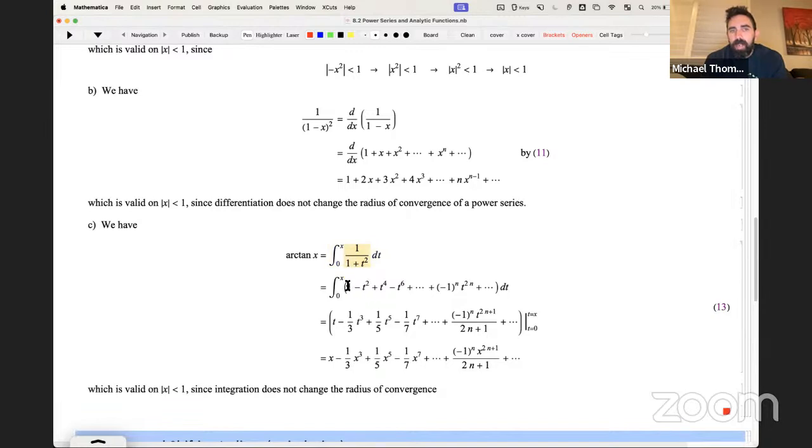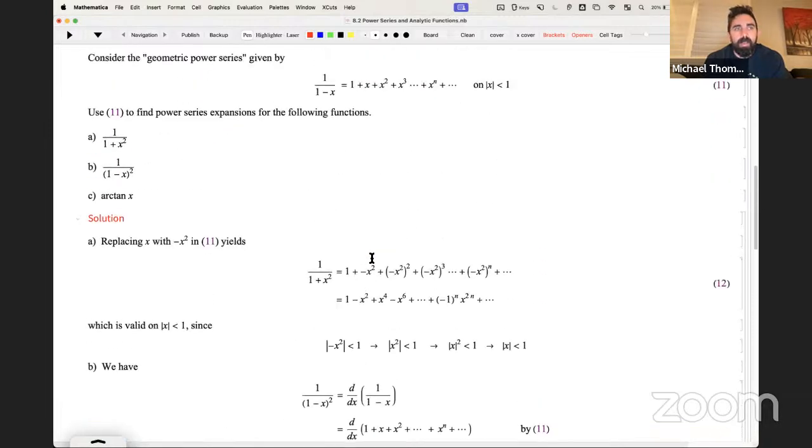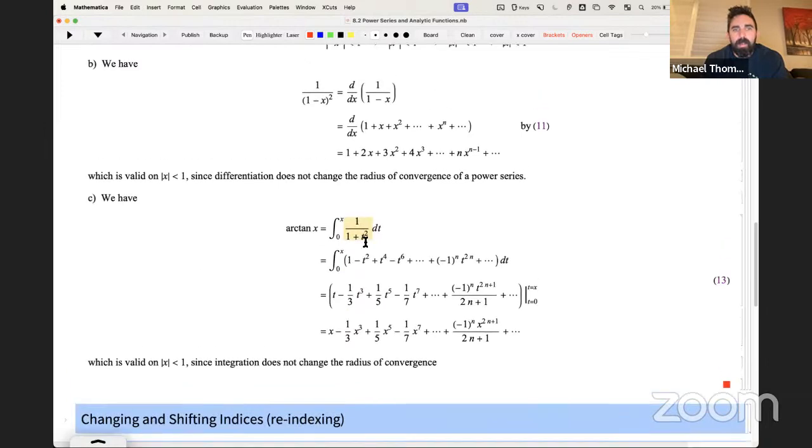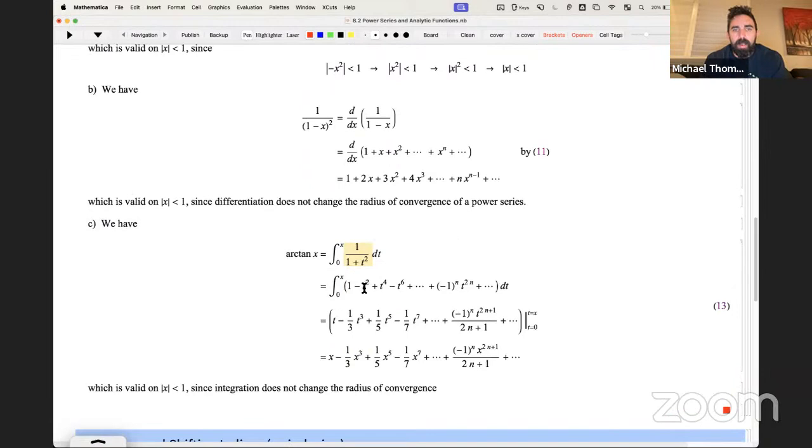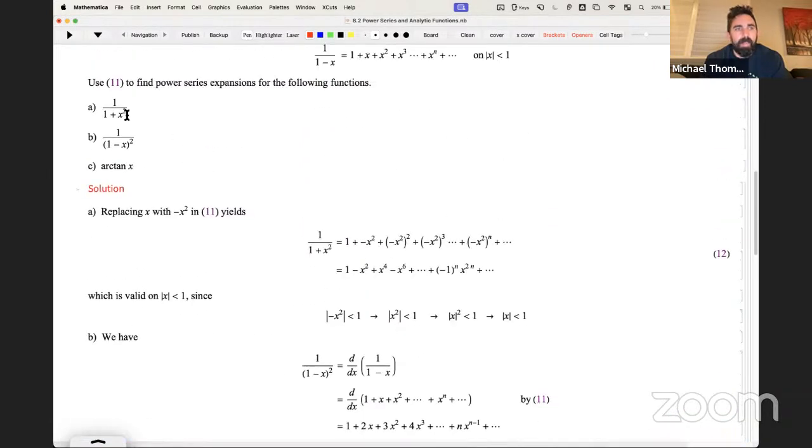So if we integrate 1 over 1 plus t squared, where did I get that? I'm just replacing this with, oh, it's just part A. We already did the work in part A. Of course, it's an x, so I would just replace it with a t squared.